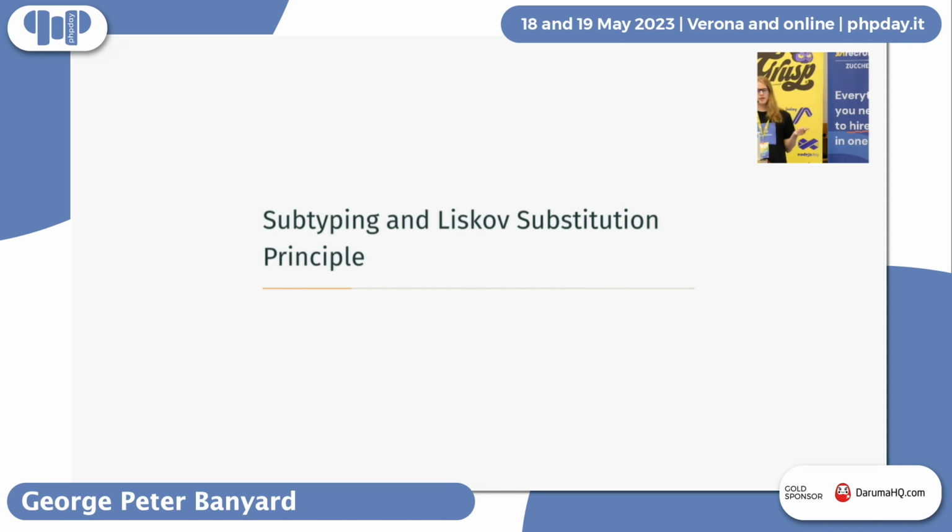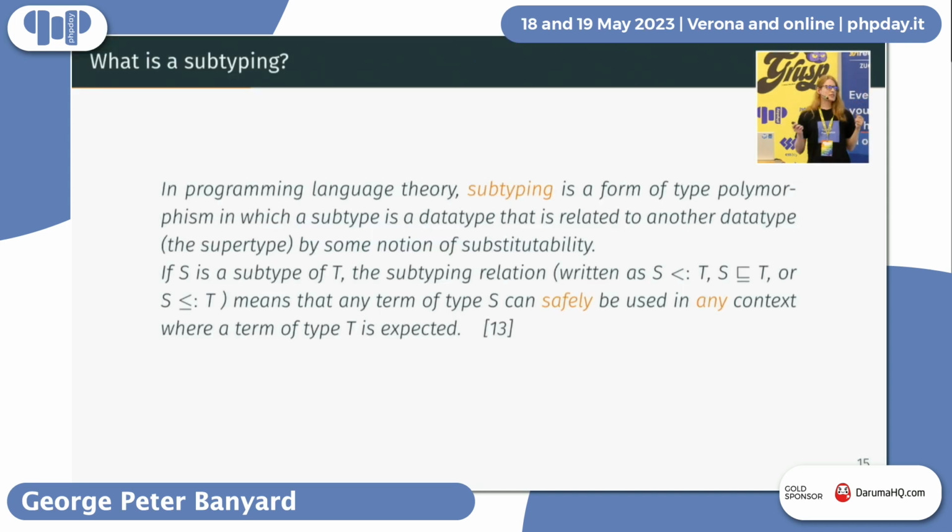So, subtyping and the Liskov substitution principle. I think most people must have heard vaguely about LSP. The difficulty is that it's more complicated. Subtyping is this notion where you can replace one data type by another, and it is always correct.